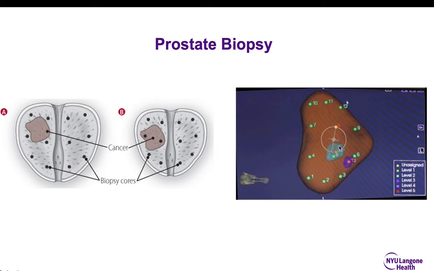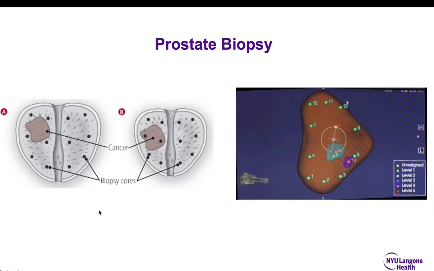In addition, there are 2 areas of the prostate which demonstrated potentially cancerous lesions noted on the prostate MRI, which are then overlapped with the ultrasound images to allow us to perform not only the systematic 12-core biopsy, but also a targeted biopsy on these 2 lesions.